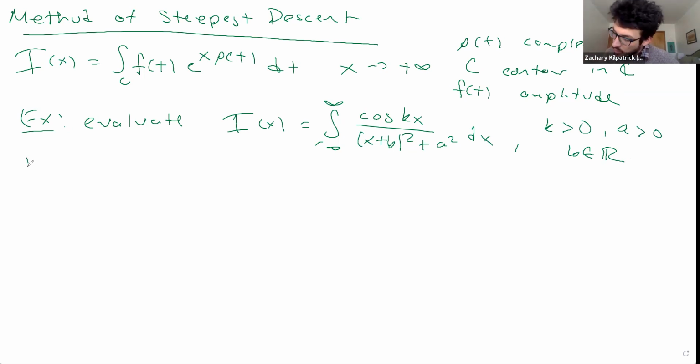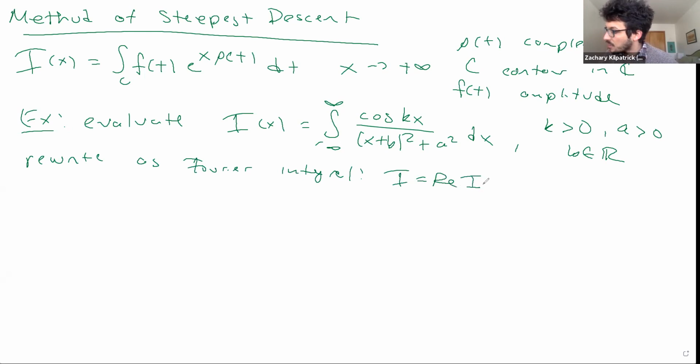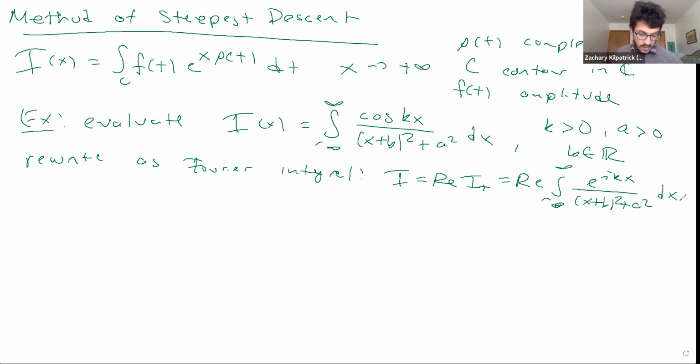So we rewrote this as a Fourier integral for starters. I is equal to the real part of the integral from minus infinity to infinity of e to the i kx divided by (x plus b) squared plus a squared dx.